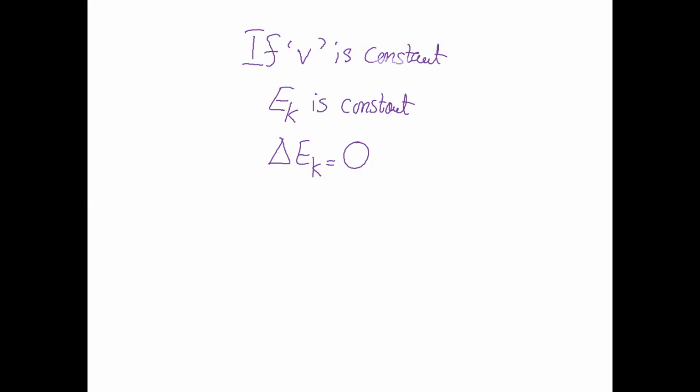Now, if velocity is constant, kinetic energy is constant. So delta Ek will become 0 if an object is moving at constant velocity. The biggest example is terminal velocity. If something is moving at terminal velocity, kinetic energy will be constant and delta Ek is 0.